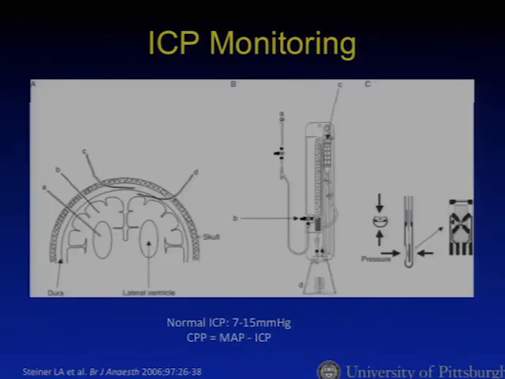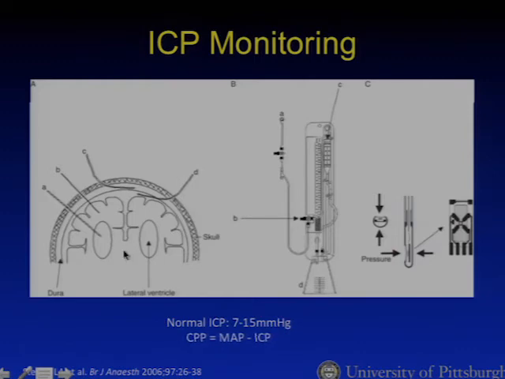Now, with respect to intracranial pressure, raised ICP is very common in neurosurgical and neurological patients and can relate to head injury or hemorrhage or hydrocephalus or tumor or stroke or any number of things. The gold standard for ICP monitoring is an intraventricular drain inserted into one of the lateral ventricles here and connected to an external pressure transducer, which should be positioned at the level of the external auditory meatus.